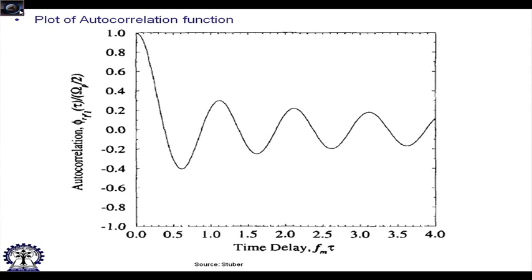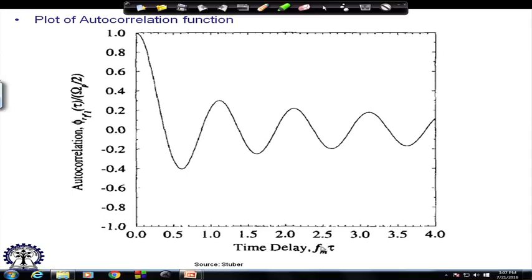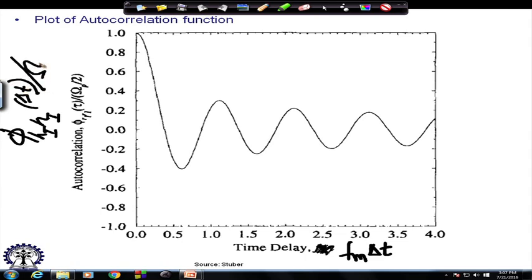This picture I was telling you last time should be modified a little, because it is taken directly from the book by Stuber. So this x axis is going to be f_m delta t, and this axis is phi_hI of delta t normalized by omega_p by 2, because omega_p by 2 is the power that is normalizing this particular term.